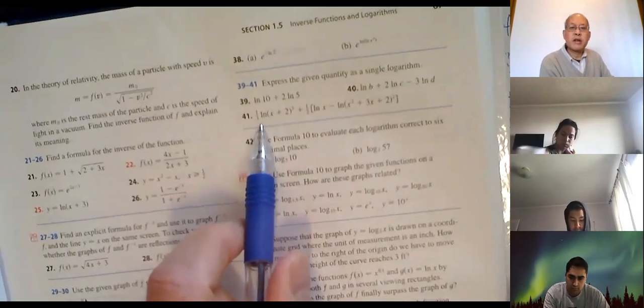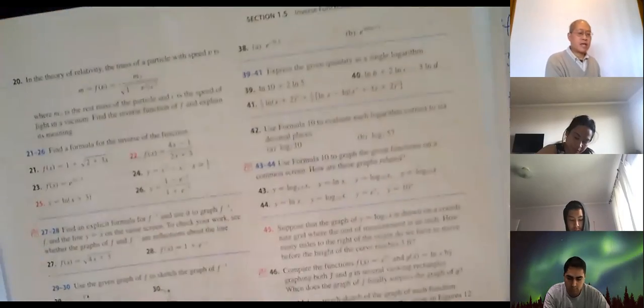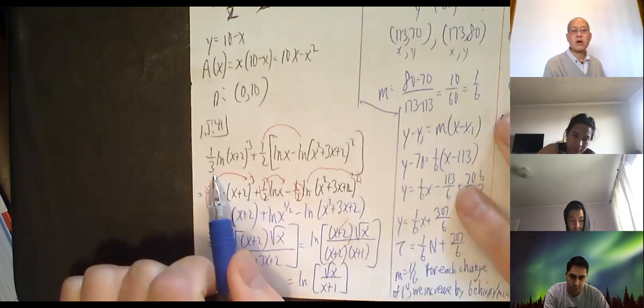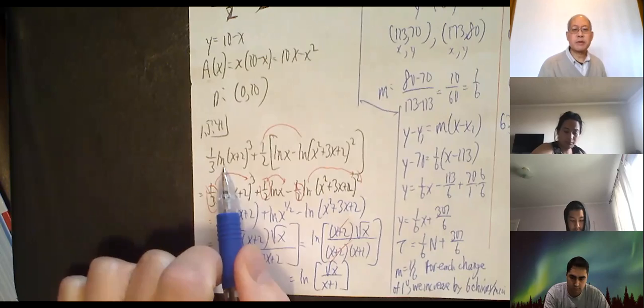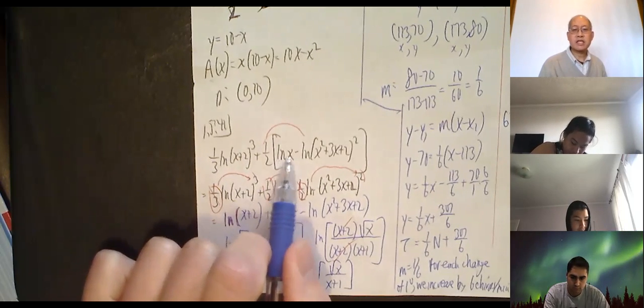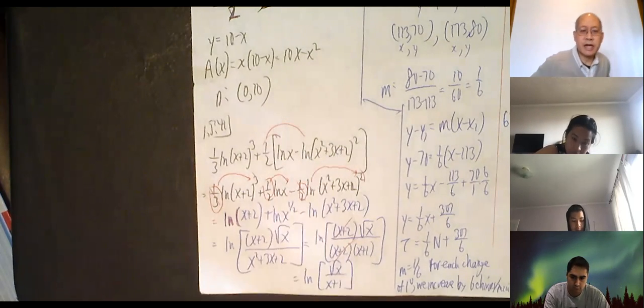So 1/3 ln of x plus 2 cubed plus 1/2 and so on. If you can't see it, that's okay. I got it on my paper and it focuses a little bit better anyway. Here was the original: 1/3 ln of x plus 2 cubed plus 1/2 bracket ln x minus ln of x squared plus 3x plus 2 squared. So there's a lot of stuff there.